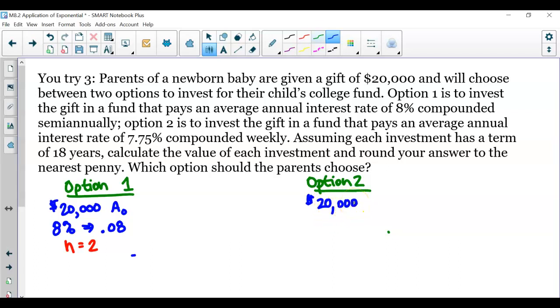But now the rate you should have noticed was 7.75%, or remember, right? Move that decimal, so 0.0775. Compounded weekly now. So n's not equal to 2, n is equal to weekly, which is 52. Then assuming each investment has a term of 18 years. So they both have that time of 18 years.